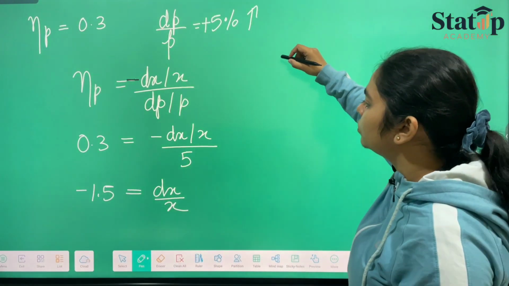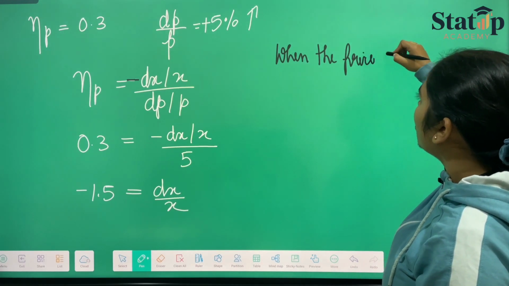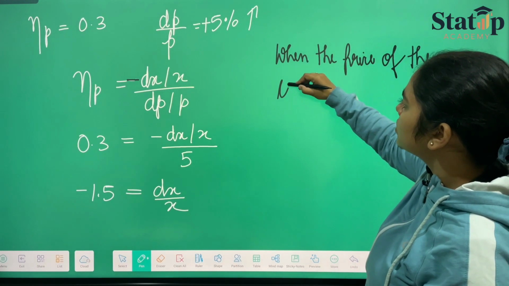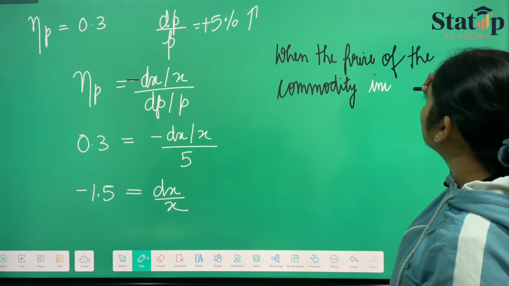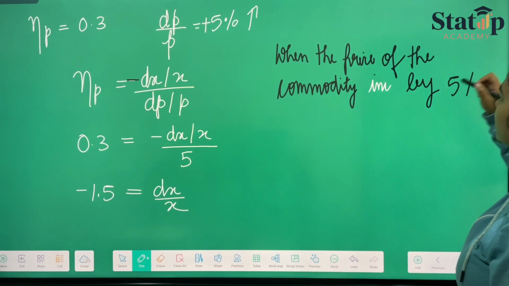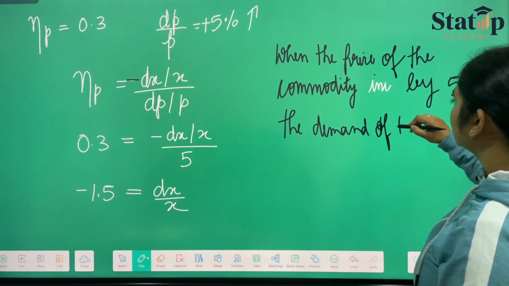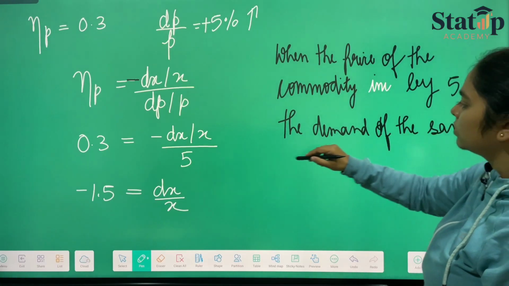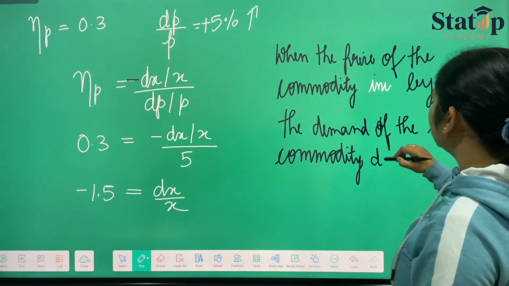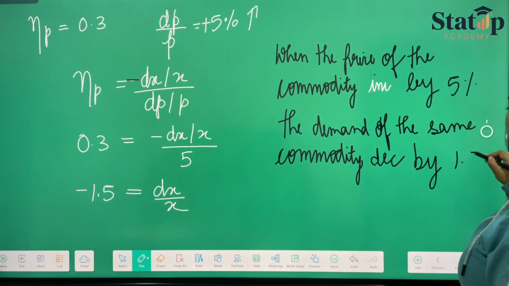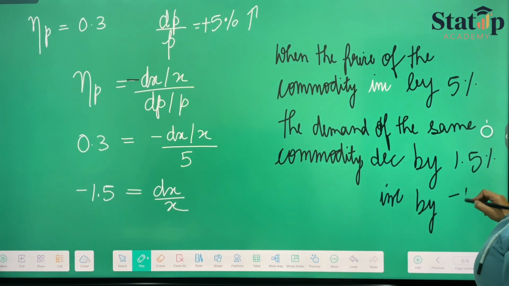So we can conclude that when the price of the commodity increases by 5%, the demand of the same commodity decreases by 1.5%, or you can say increases by minus 1.5%.